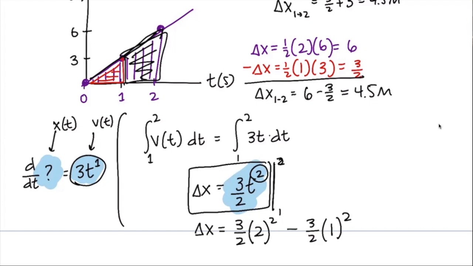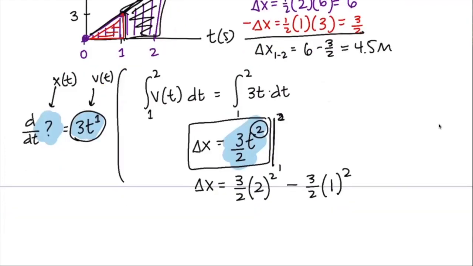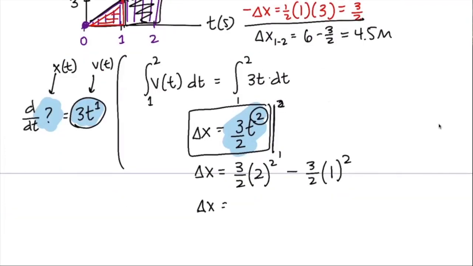Final minus initial of that function gives me a delta x of 3/2 times 2 squared. 2 squared is 4. 4 times 3 is 12. 12 over 2 is 6. Minus 1 squared is 1. 1 times 3/2 is 3/2. And so I get 6 minus 3/2, which is 4.5.